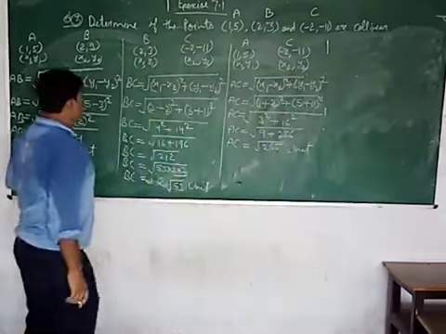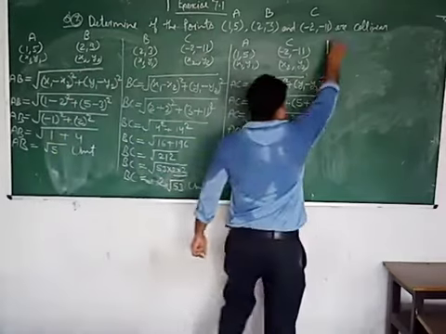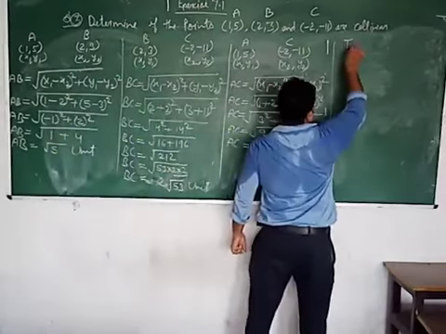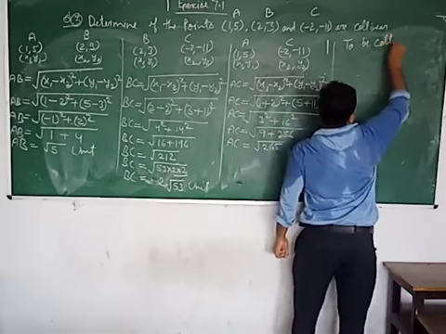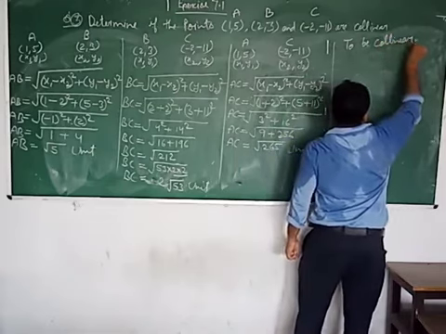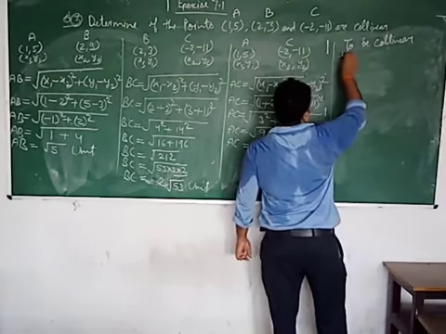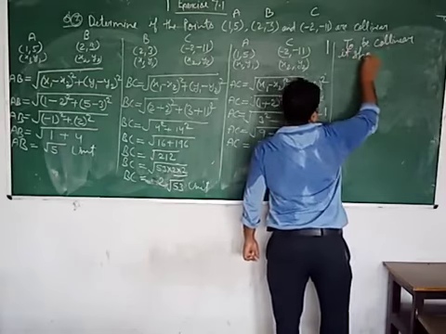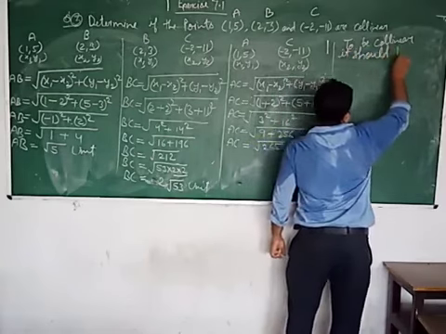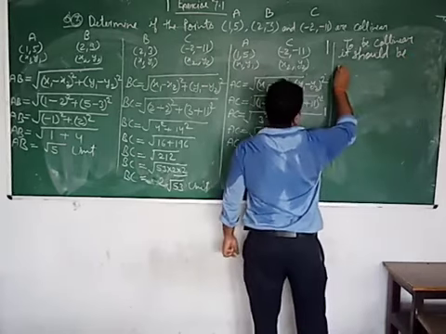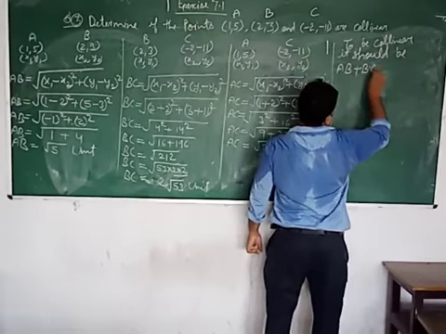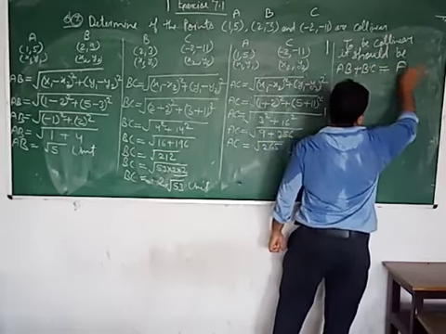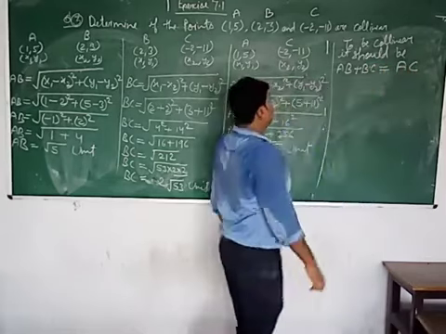To be collinear, it is compulsory that AB plus BC equal to AC.